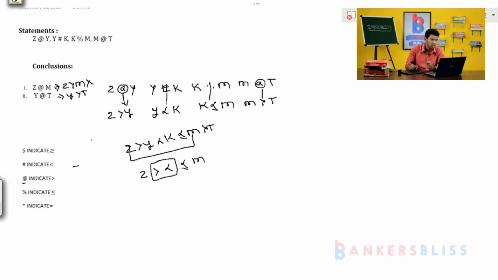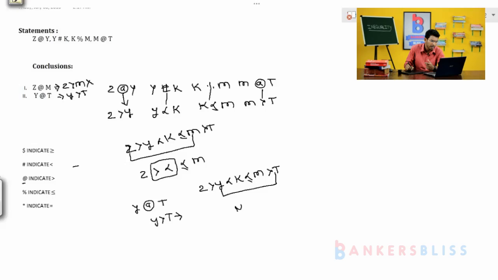Is it clear? So next, Y at the rate T, they are asking that it is nothing but Y greater than T. Again the statement made: Z greater than Y, Y less than K, K less than or equal to M, M greater than T. They are asking Y to T here.